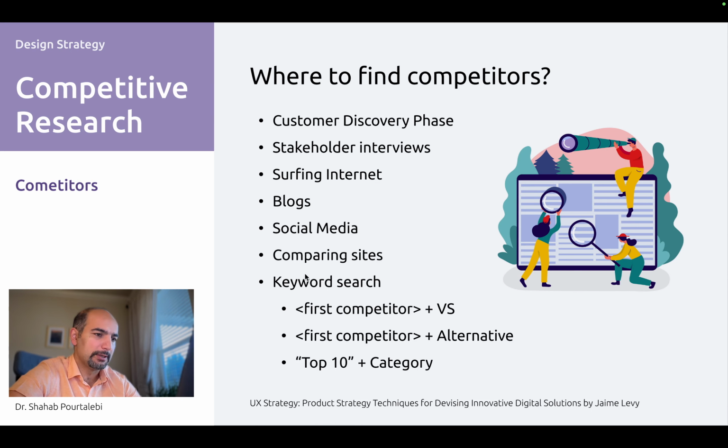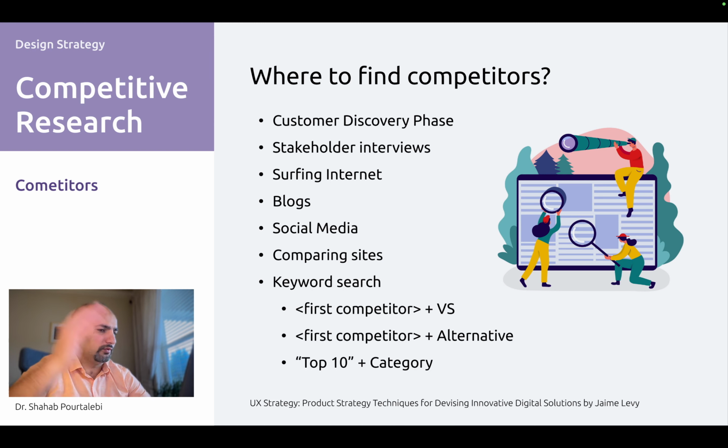So that's really good. And you can also use Google with some keywords. First you type your first competitor, then "vs" or "versus", so you get tons of blogs that compare this one with the others.